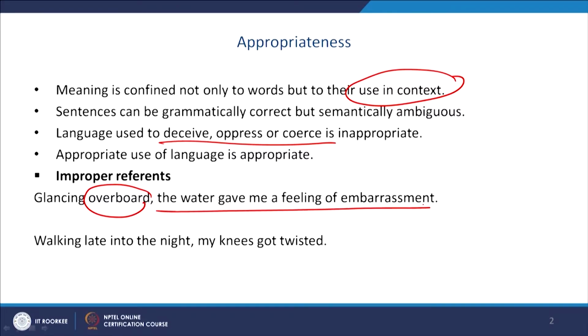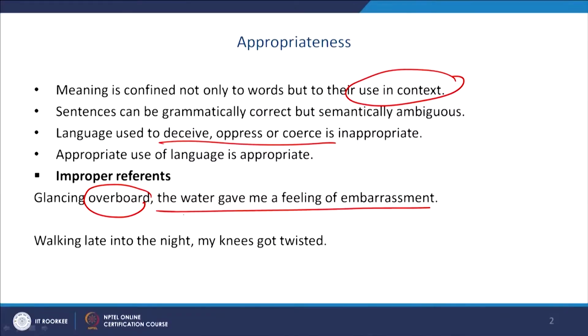Now look at this sentence, let us judge whether this sentence is appropriate. The sentence structurally appears to be correct, but then semantically it is not correct. Glancing overboard the water. So, who is the referent? Who actually is the referent?